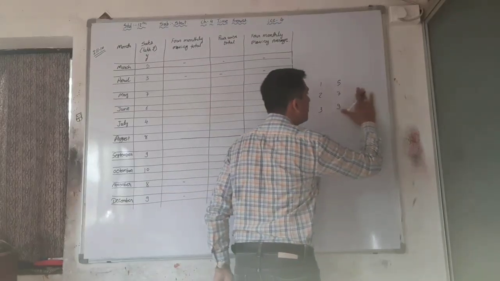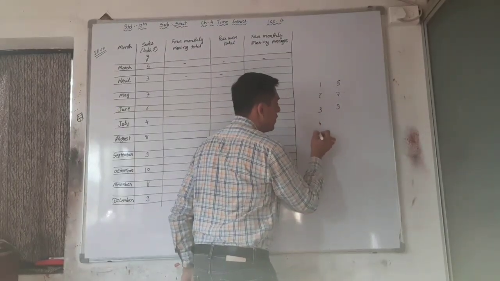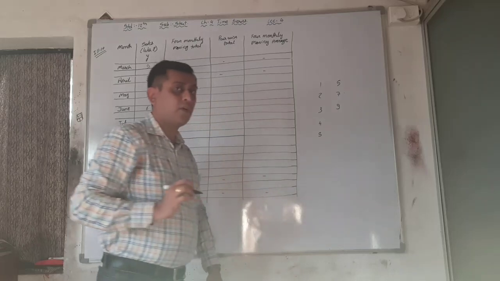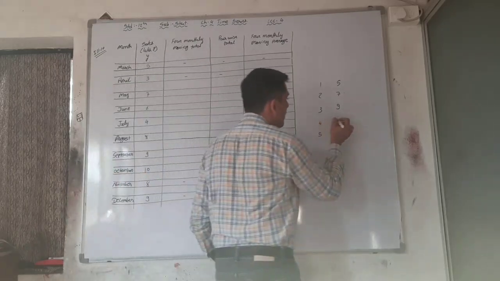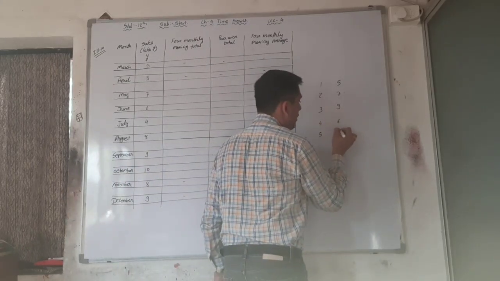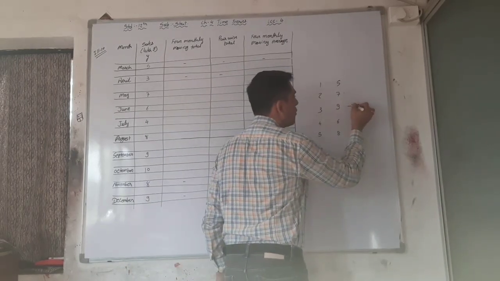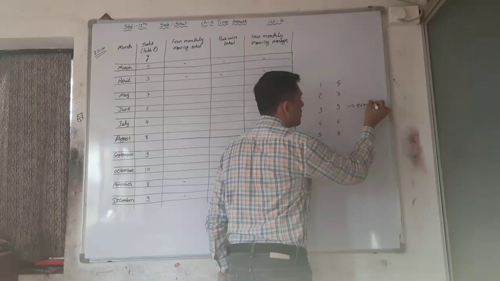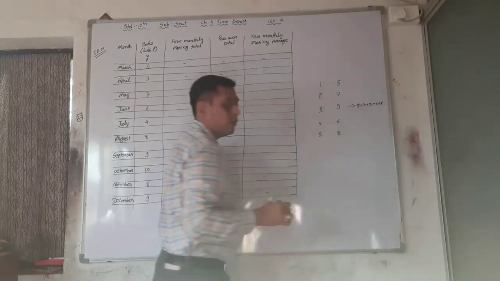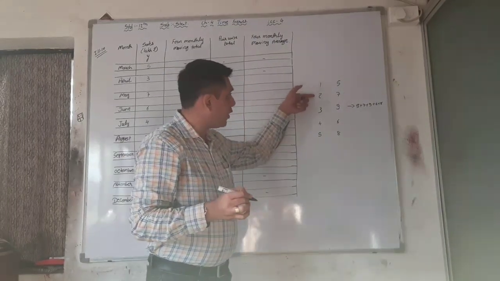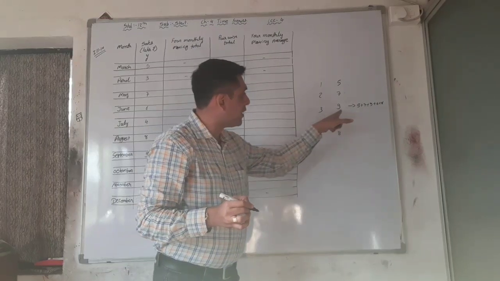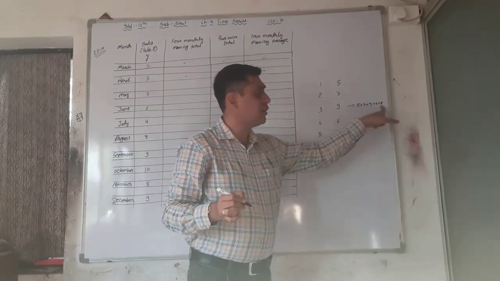In 5 yearly, see here, if the data is given for a 5 yearly moving average, then we are writing the total into the center like this: 5 plus 7 plus 9 plus 6 plus 8. So 1, 2, 3, 4, 5. The center of the 5 yearly moving average is 3.